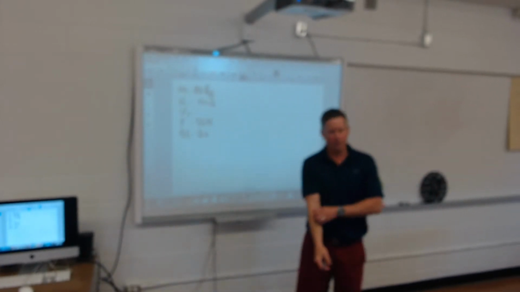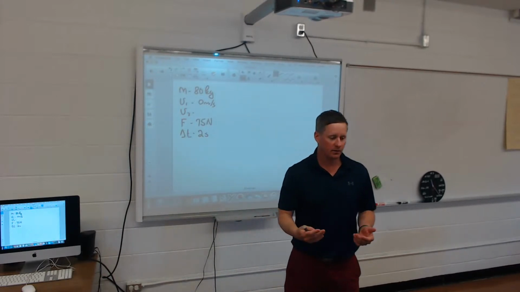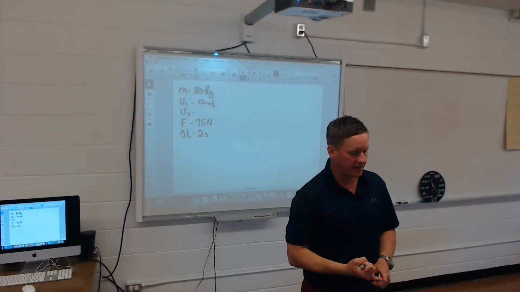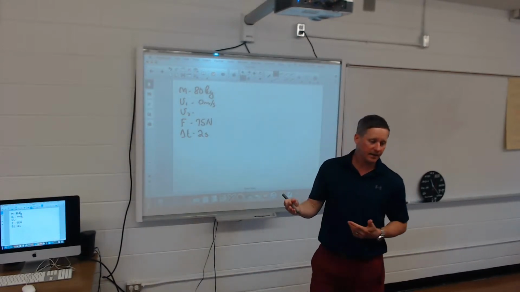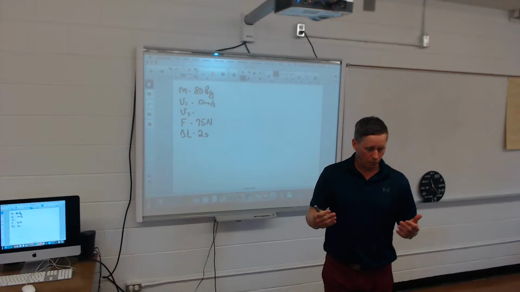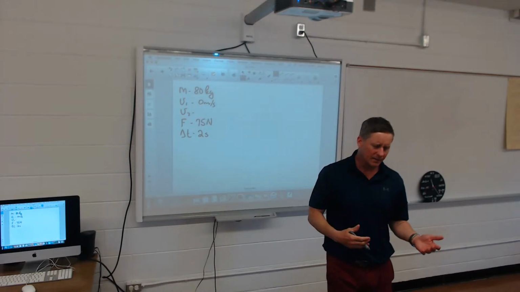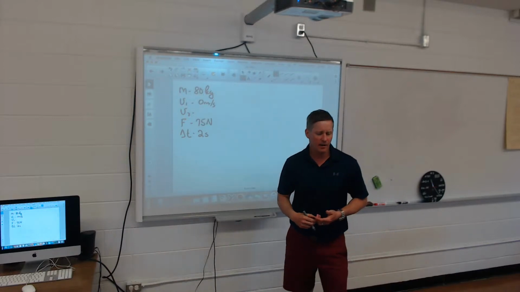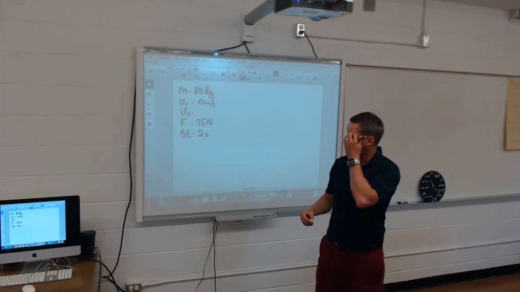So before, when we found our V2, we usually needed the acceleration or the distance that it traveled. But now we're using forces with it. We've done something similar to this already, back in our forces unit in grade 11.